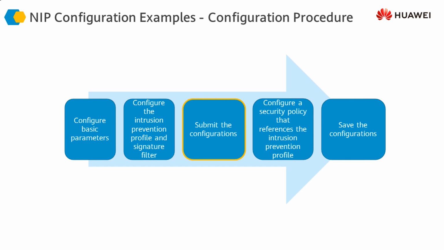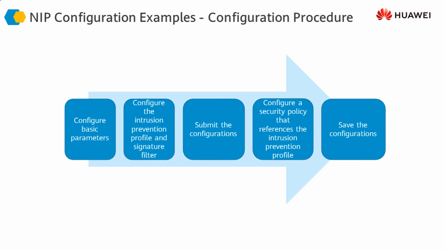We configure a security policy that references the intrusion prevention profile, so that the traffic can be referenced by the policy to the profile, and appropriate actions can be taken. And finally, we save the configuration, and the IPS will start protecting our network against attacks. So this is the typical implementation of an IPS.